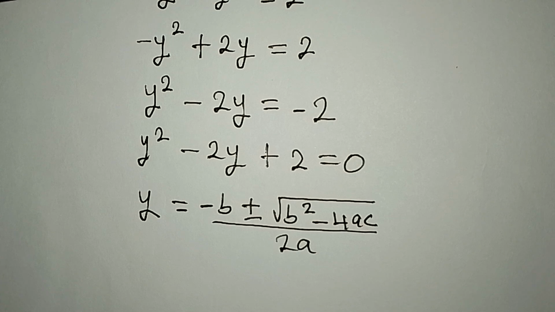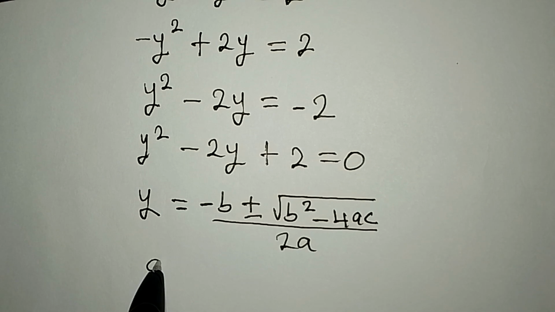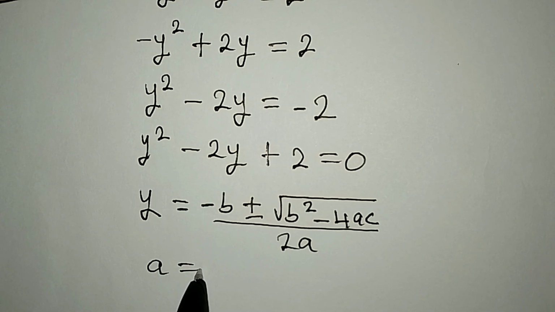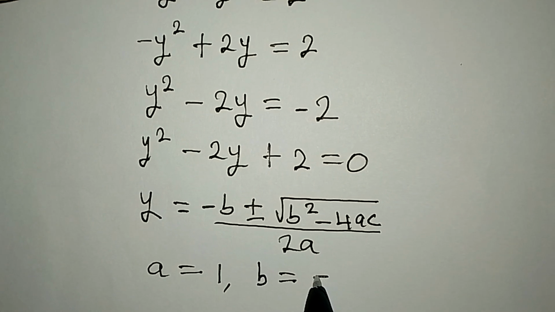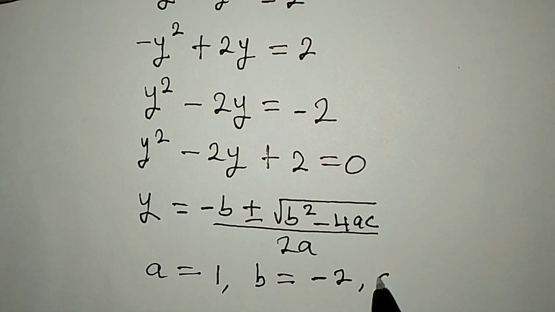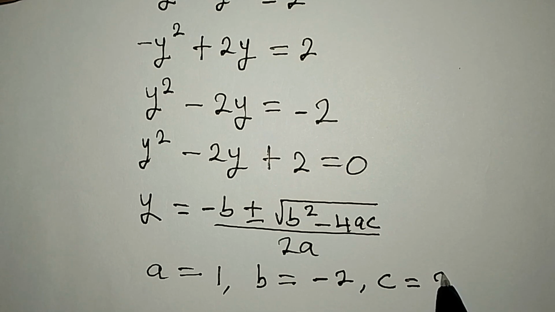So how do you get your a, b, c? Our a is the coefficient of y squared, that is 1. b is the coefficient of y, that is minus 2. And c is the constant, which is plus 2.